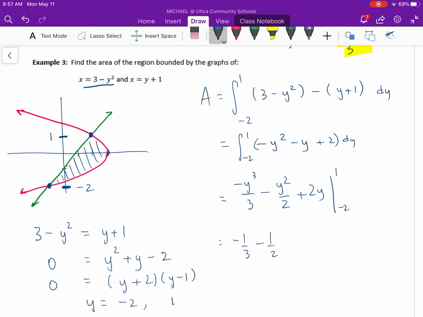So let's plug in a 1. I get -1/3 minus 1/2 plus 2, minus, I get 8/3 minus 2 minus 4.